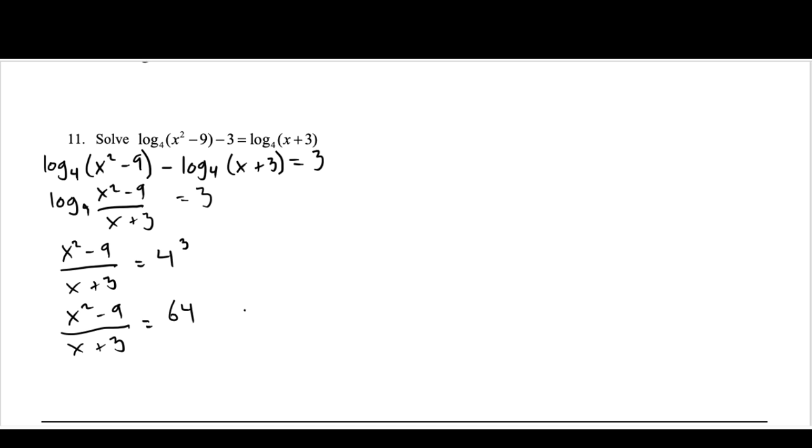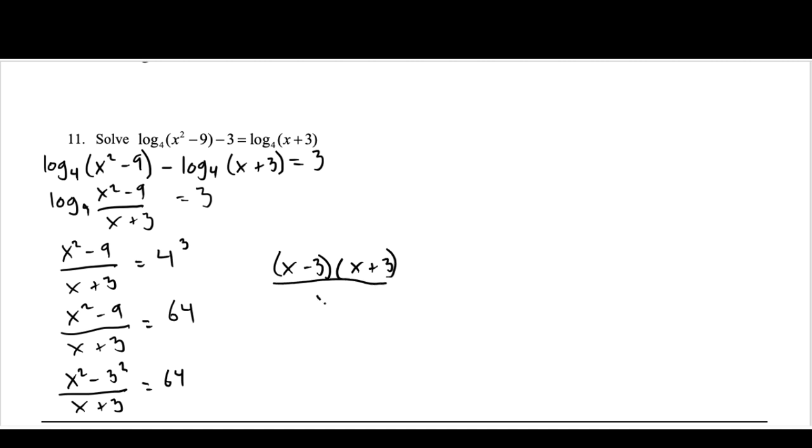Now, the easiest way to go from here is to recognize that x squared minus 9 can be written as a difference of squares. Specifically, that can be written as x squared minus 3 squared. And the reason why that's important is because when you have something that can be written as a difference of squares, you can factor it as, in this case, (x minus 3) times (x plus 3).